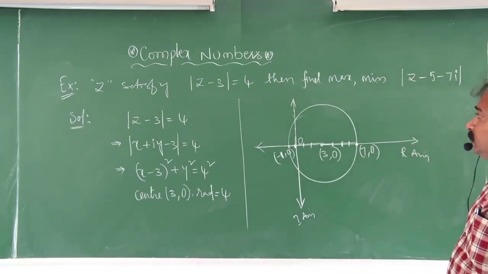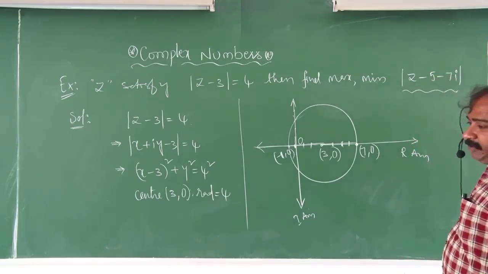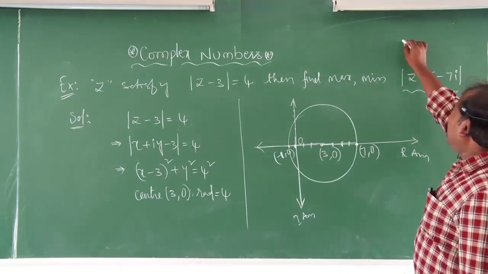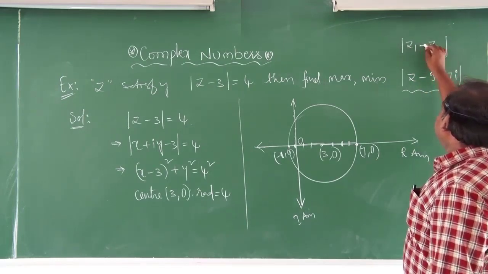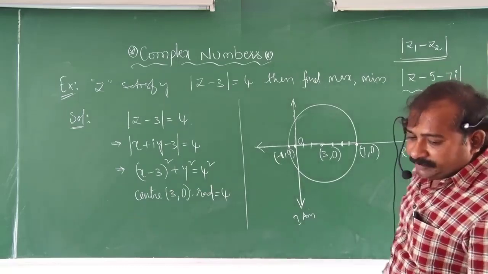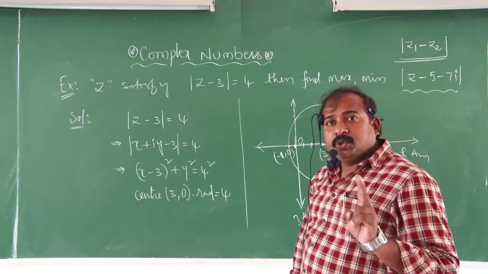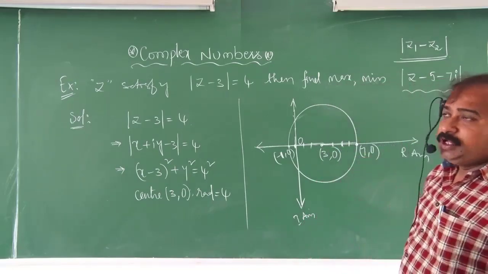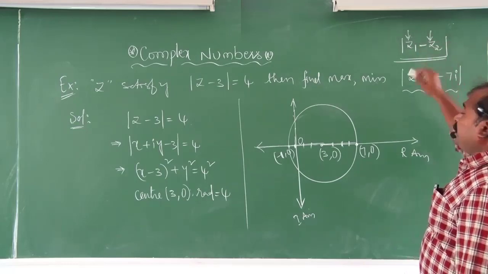Now what is the meaning of this? Yesterday I gave the geometrical meaning of modulus of z1 minus z2. Modulus of z1 minus z2 is nothing but the distance between the 2 points z1 and z2. z1 represents one point in the Argand plane, z2 represents one more point.